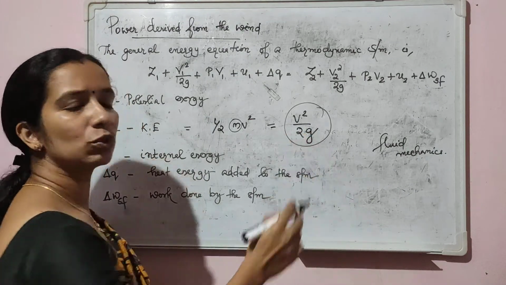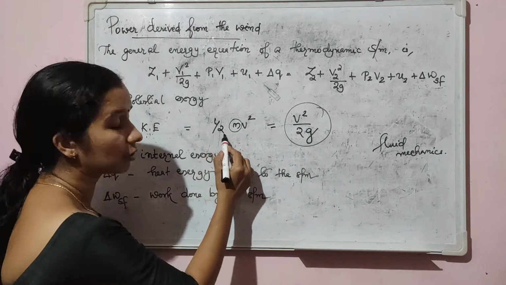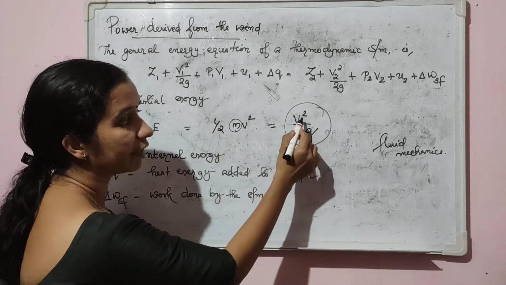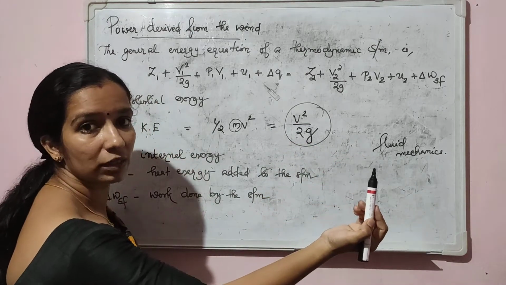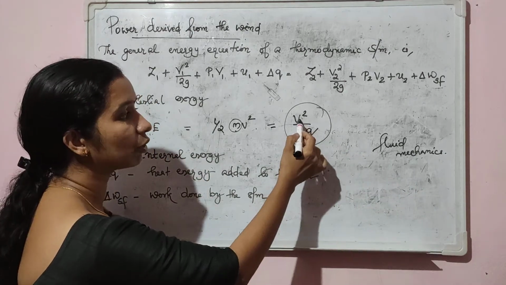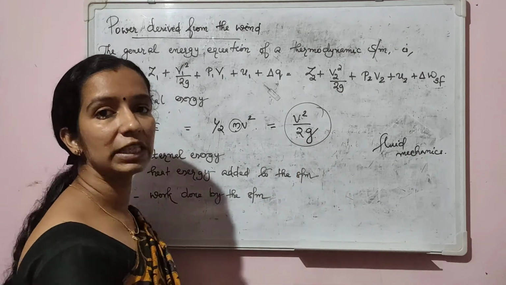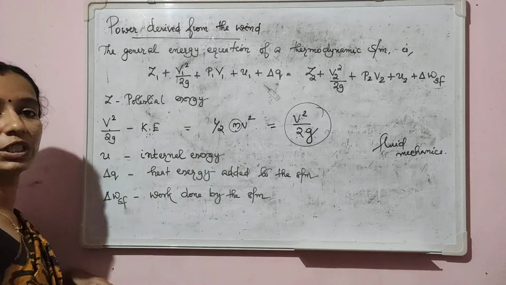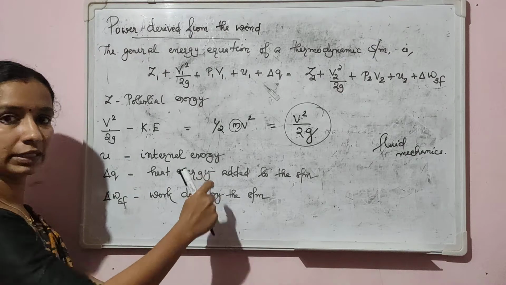So V square by 2G represents the kinetic energy. Kinetic energy is actually half mv square, and we are considering unit mass, so we get V square by 2, and according to Bernoulli's principle from fluid mechanics, we divide this V square by 2 by the acceleration due to gravity G. So V square by 2G represents the kinetic energy. U is the internal energy.